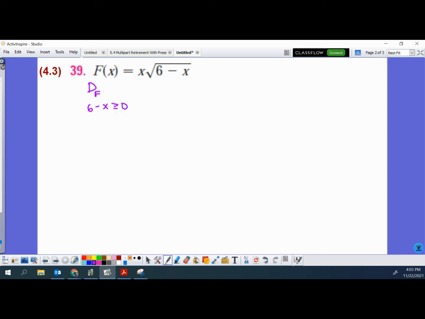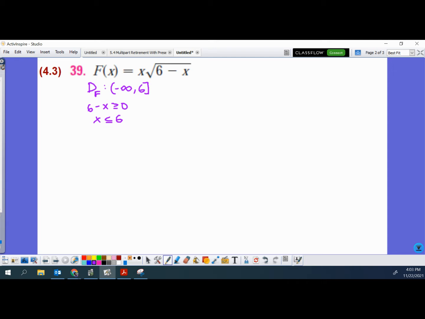You might be able to just tell, hey, x is going to be less than or equal to 6, including negative values, by the way. But you can also just solve this inequality if you write it out by adding x to each side. And so my domain is negative infinity to 6, with a bracket at 6, including the 6, right?